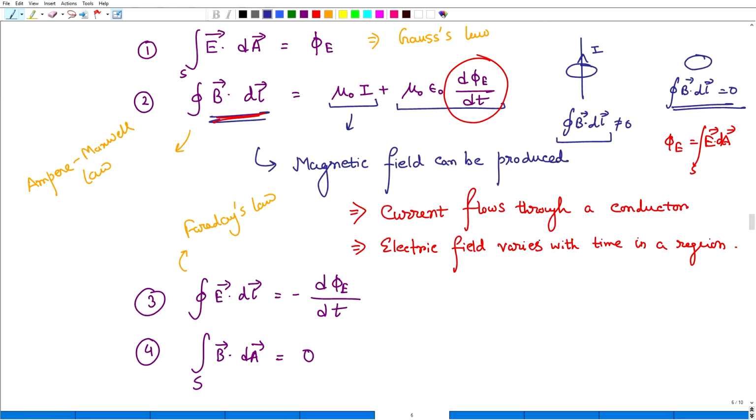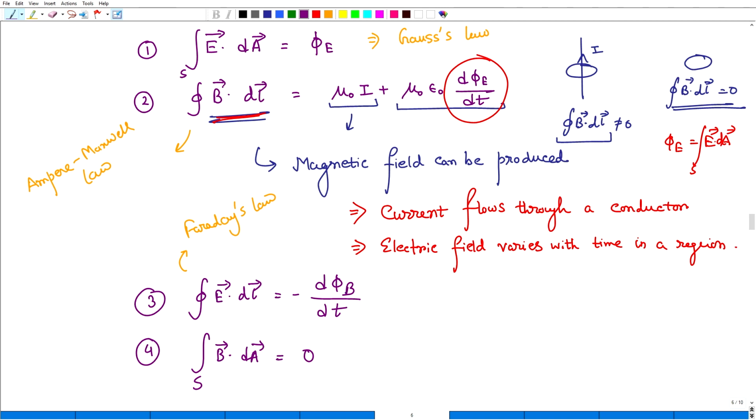Okay, so this is the third law. Similarly we can conclude that a changing magnetic field creates an electric field, and from here we can see that a changing electric field creates a magnetic field. Because if d phi dt is there, phi b is the magnetic flux. So now we can relate these two and three.